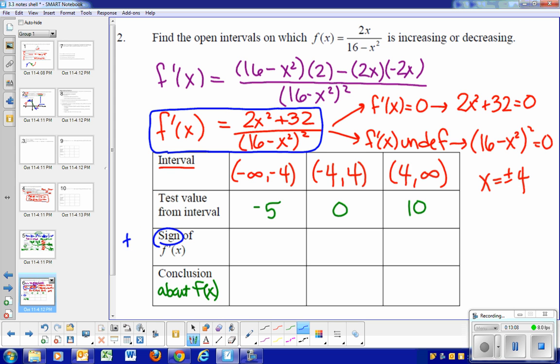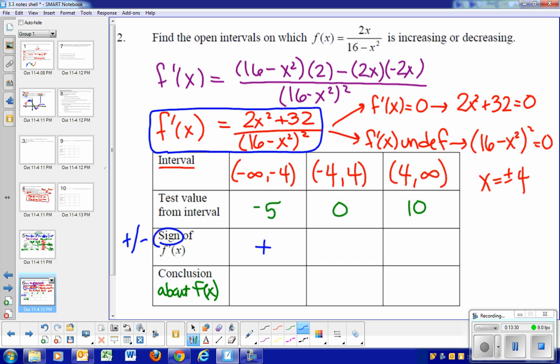That's what sign means. So if I put -5 into this function, the top is certainly going to be positive because of squaring, making something non-negative. And the bottom is going to have the same thing happen. So I will have a positive result. If I put in 0, I'm going to get 32 on the top.